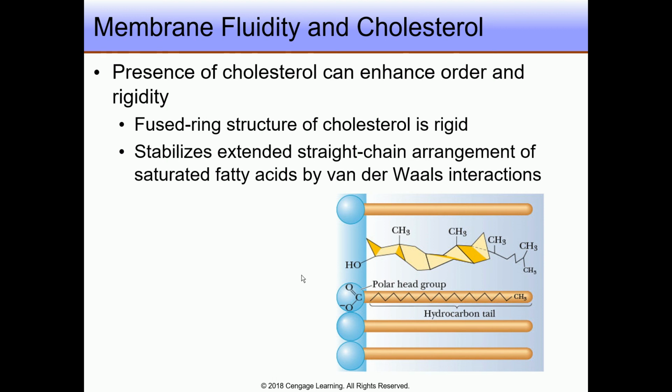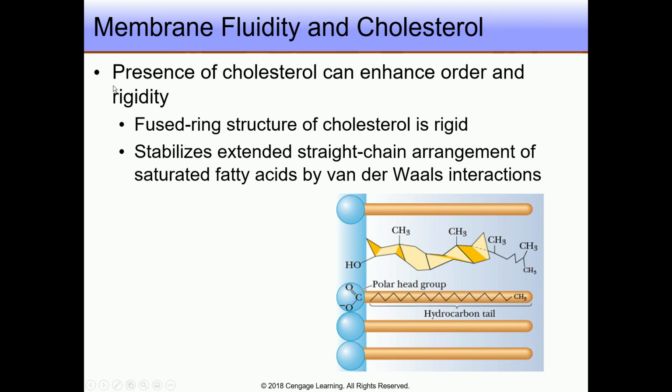Now cholesterol is a steroid which is present in the membrane of animal cells, and we just saw the structure of cholesterol. Cholesterol is present in between the phospholipid bilayer, and it's a rigid structure that gives rigidity to the membrane.